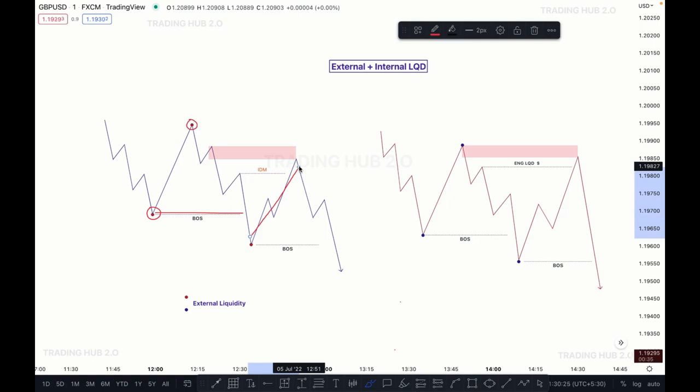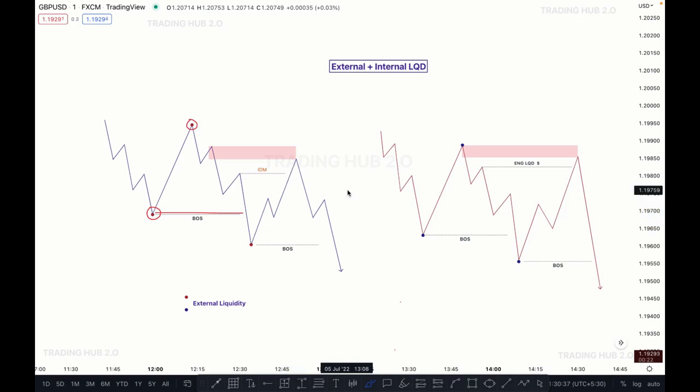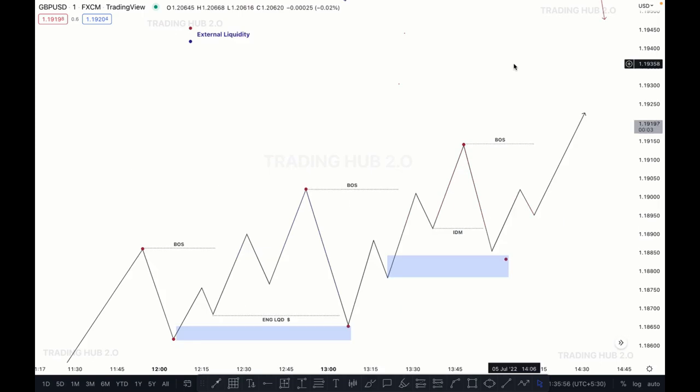External liquidity you can understand like this: a major structure high or low is external liquidity. Every major high or low is external liquidity. The same thing applies here because both charts are similar, and the same thing works in a bullish market. Let me show you. This is a bullish market. As you can see here, after taking the high, the market takes a pullback before continuing upside.